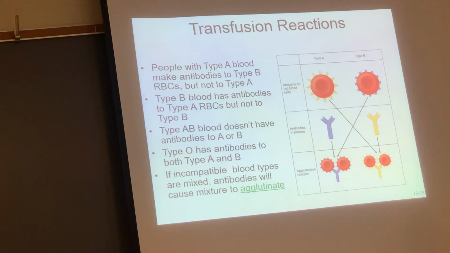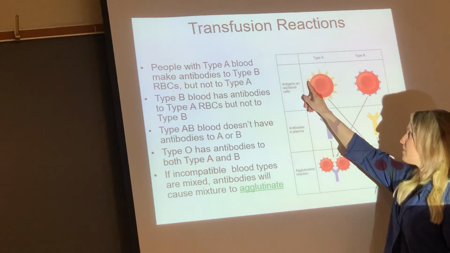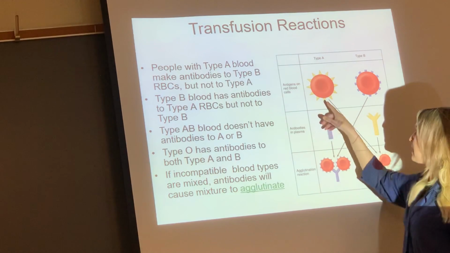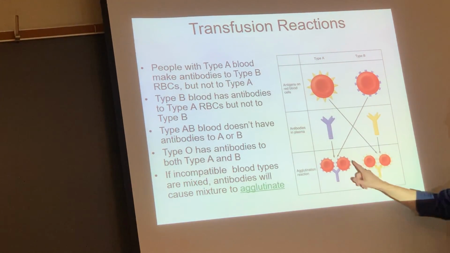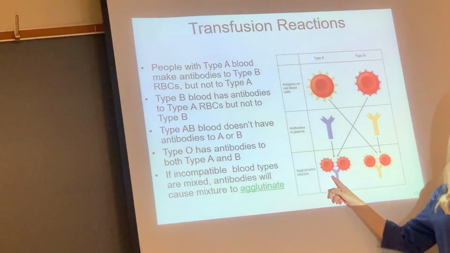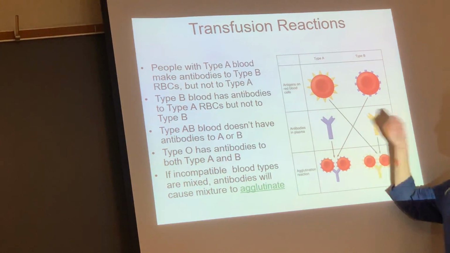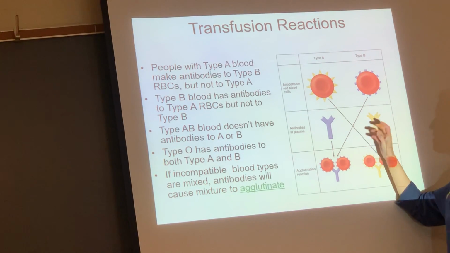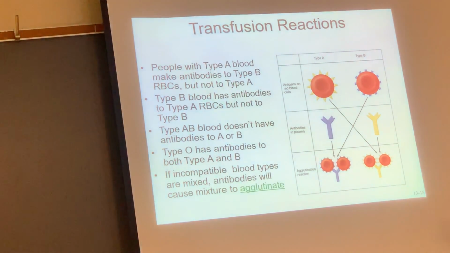Now, if a person has A blood, which they're designated here with these little triangular looking structures, if we introduce A blood into a person's blood that is B, what happens is that the B blood is going to make the A antibody, as we talked about before.